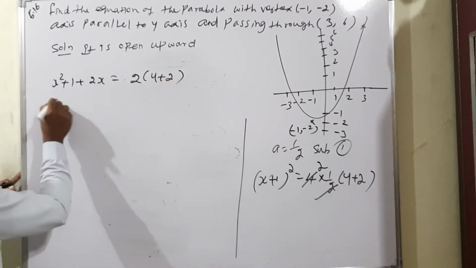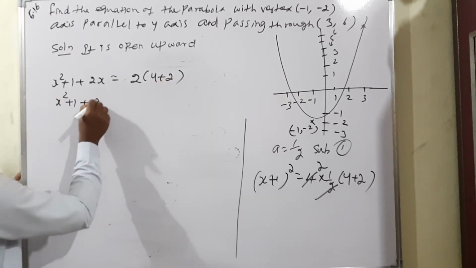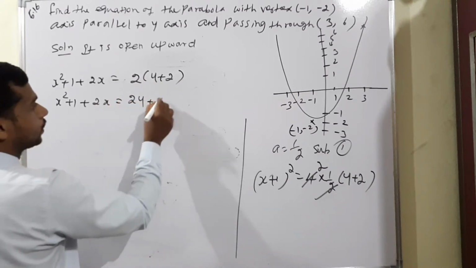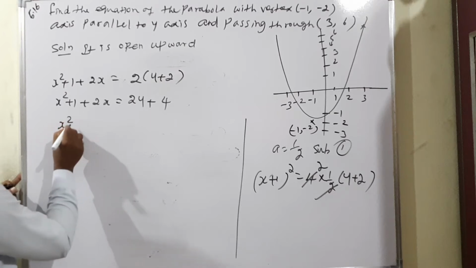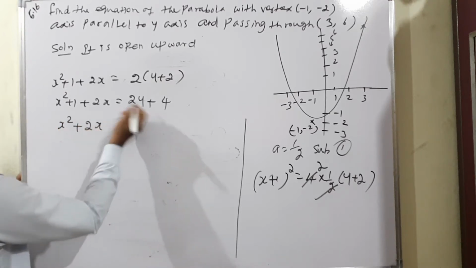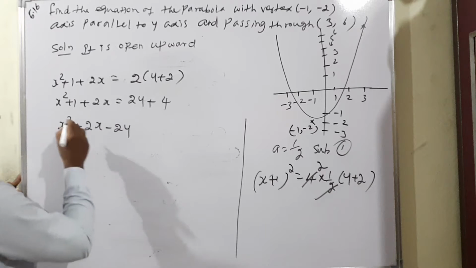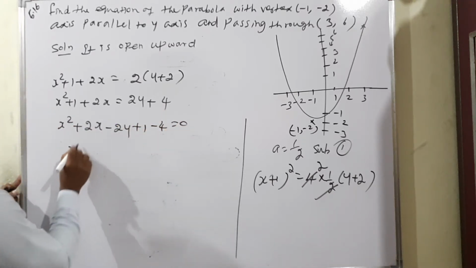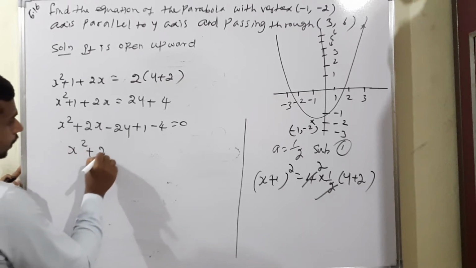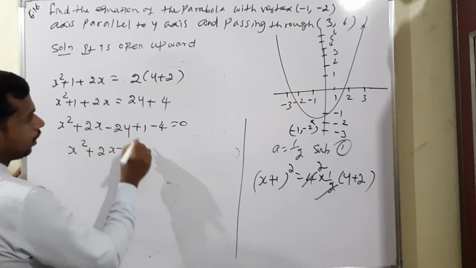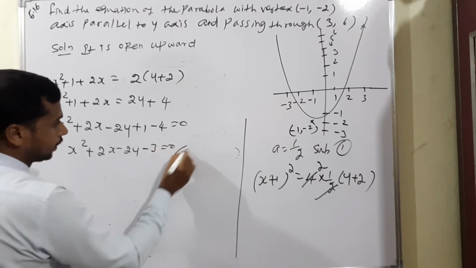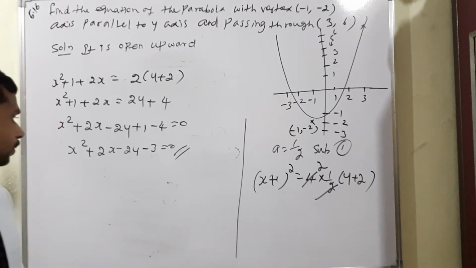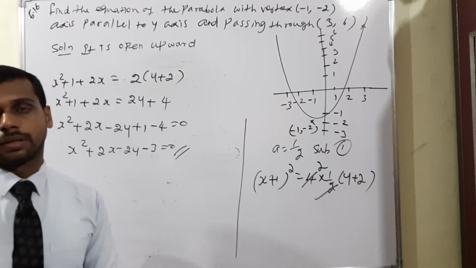Removing the bracket, 2 times y is 2y, and 2 times 2 is 4. Bringing terms across with opposite signs, x squared plus 2x minus 2y plus 1 minus 4, which is minus 3, equals 0. This is our required equation. So the final answer for 5.16 is x squared plus 2x minus 2y minus 3 equals 0.